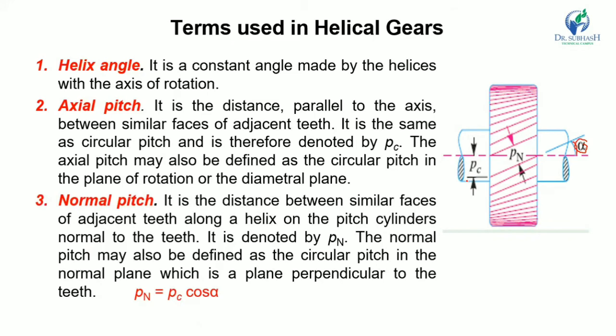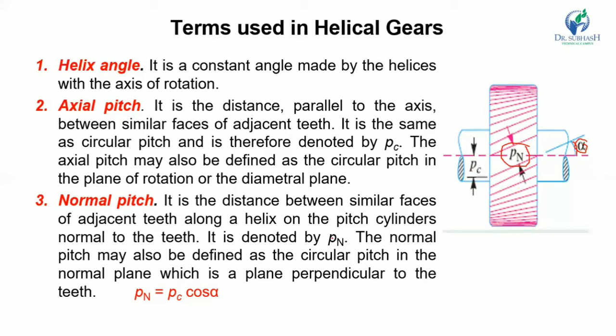Another term is the normal pitch. You can see here, this is the normal pitch. It is the distance between similar faces of adjacent teeth, or you can say the distance between two adjacent teeth, measured normal or perpendicular. It is denoted by Pn, and the normal pitch may also be defined as the circular pitch in the normal plane, which is a plane perpendicular to the teeth.